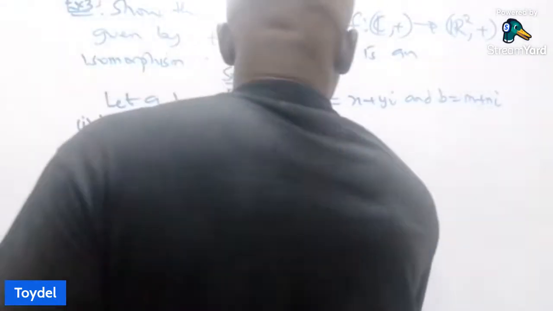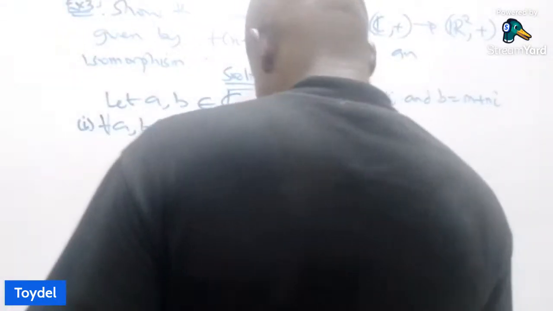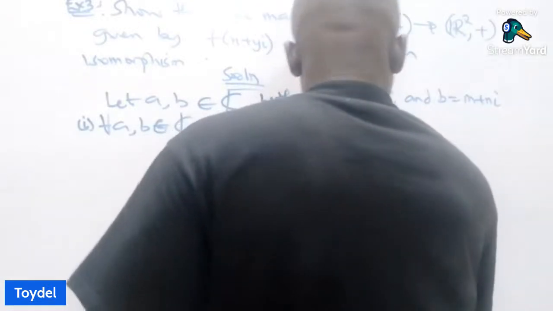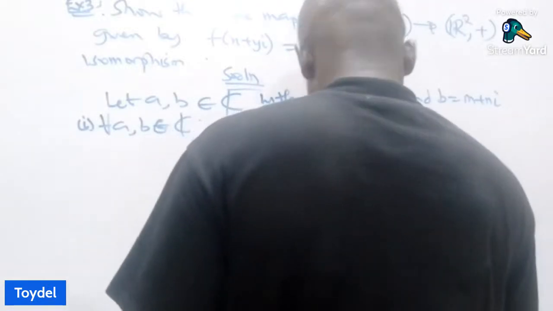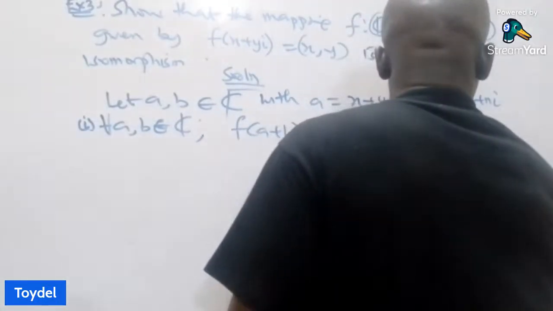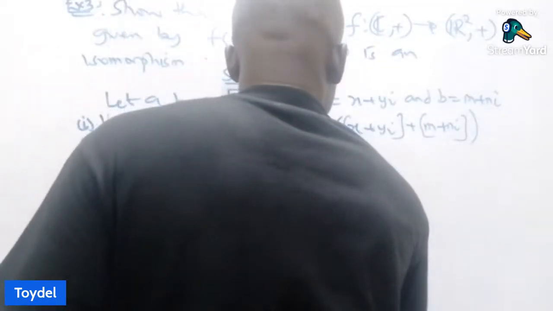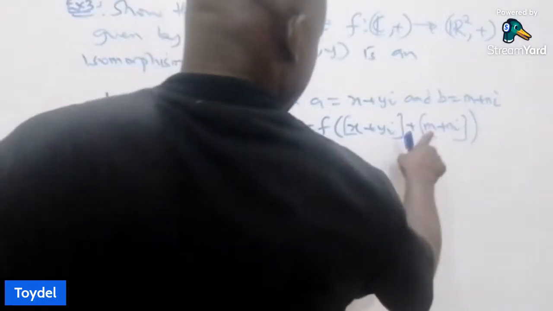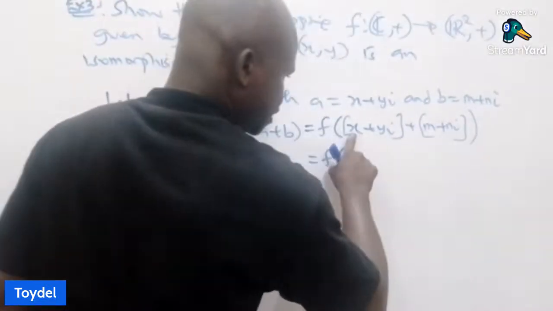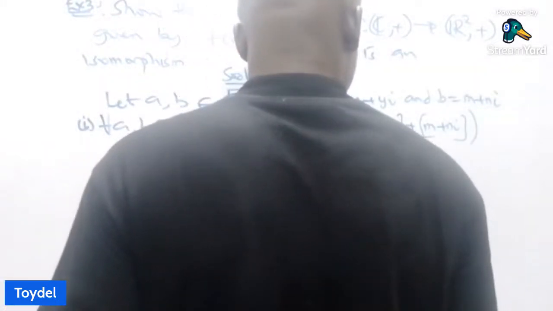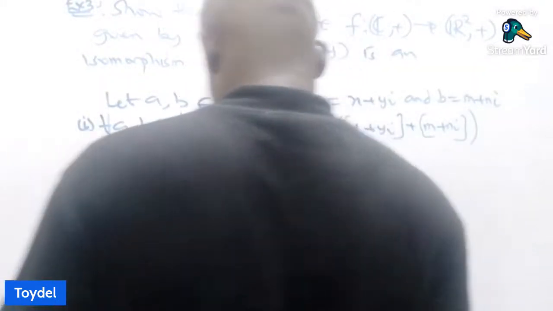So f of a plus b is going to give us f of bracket. What is a? a is x plus yi, then plus b, which is m plus ni. This is addition: we add real to real, complex to complex. Please look at it very well.